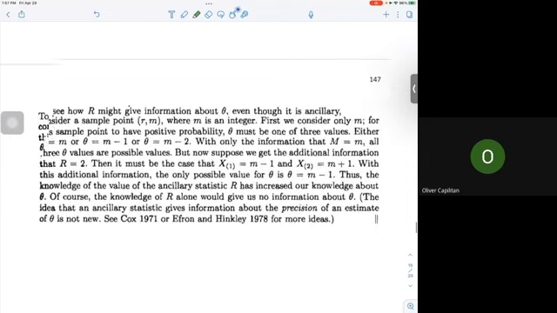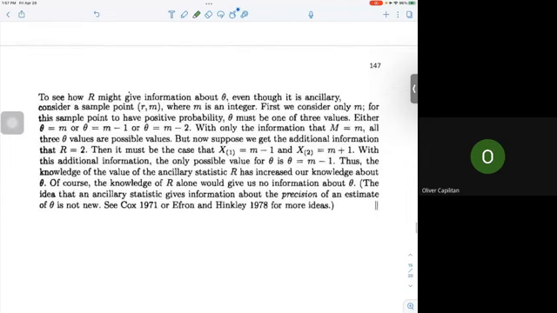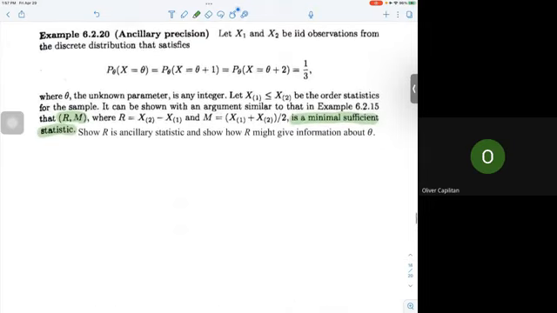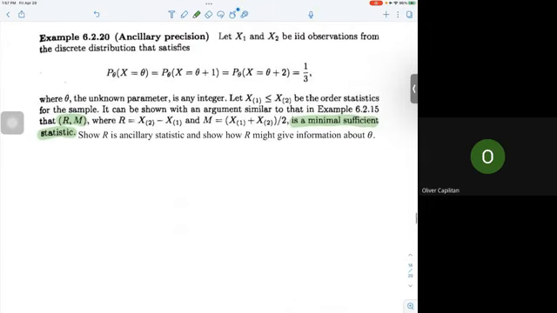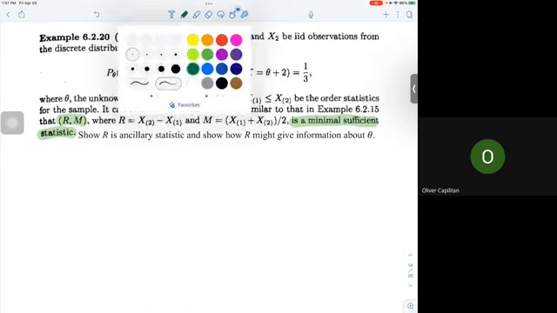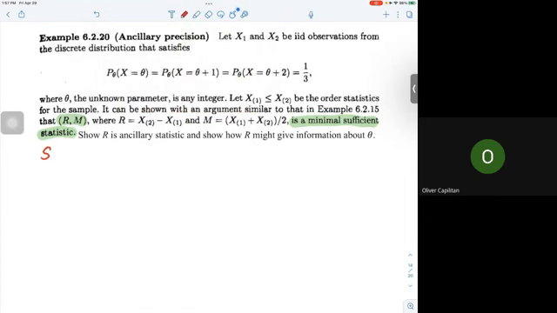Ito yung nakasulat. To see how R might give information about theta, even though it is ancillary, consider the sample point. Sulat ko na lang dito, no? We're showing R is an ancillary statistic.